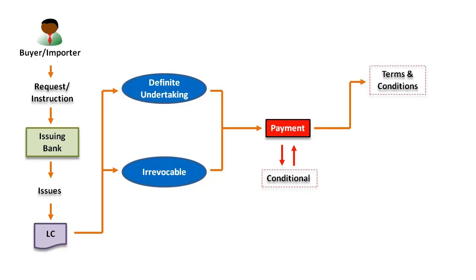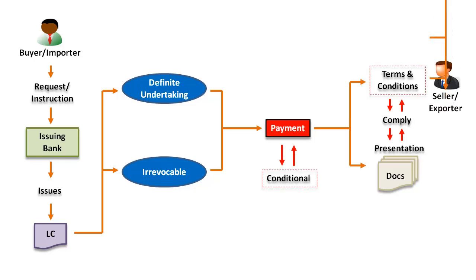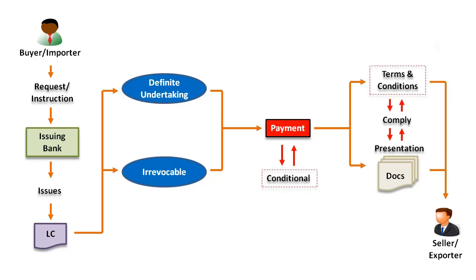The only way to prove compliance is in writing, that is in the form of documents. The documents presented to obtain payment under an LC must strictly comply to the terms and conditions expressly stated in the LC. And the party who is responsible to present the complying documents is the seller.